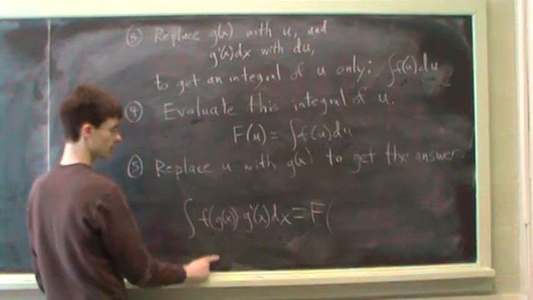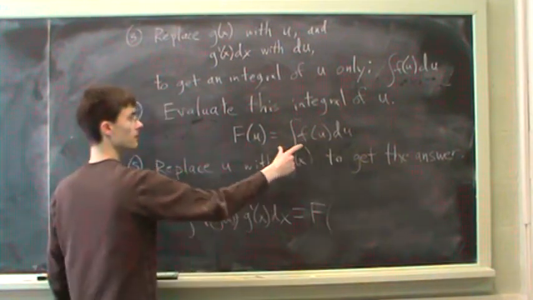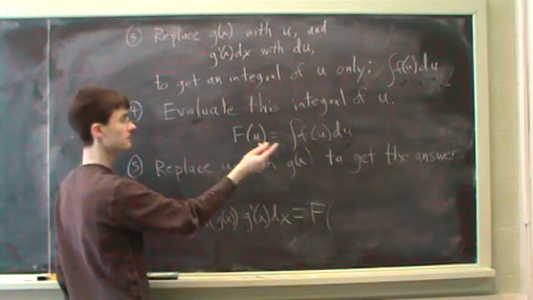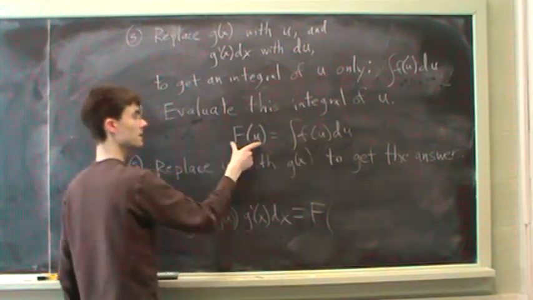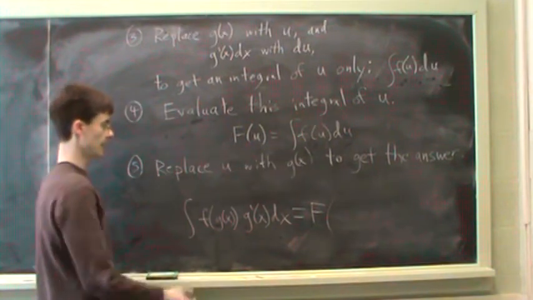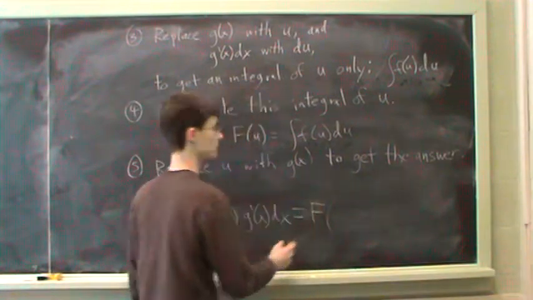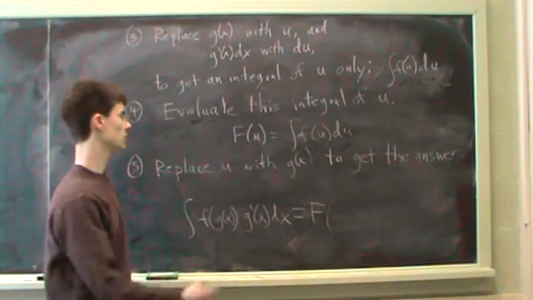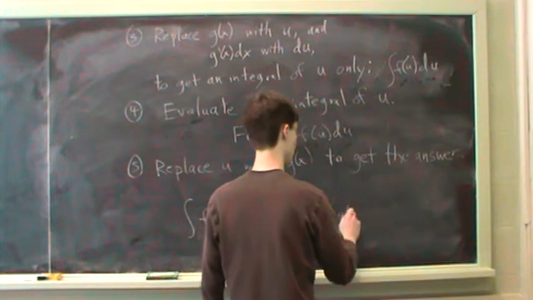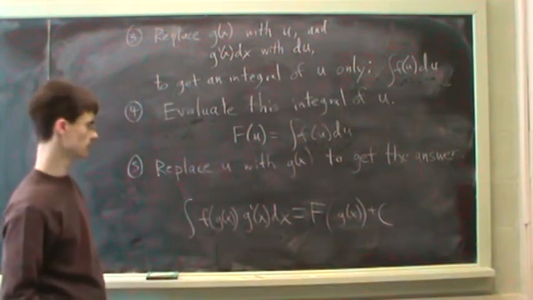So then we'll get the integral of f of u du. We can do this integral, hopefully, and we get some particular antiderivative capital F of lowercase f. And then the answer will just be capital F of u plus c, where we replace u with g of x.